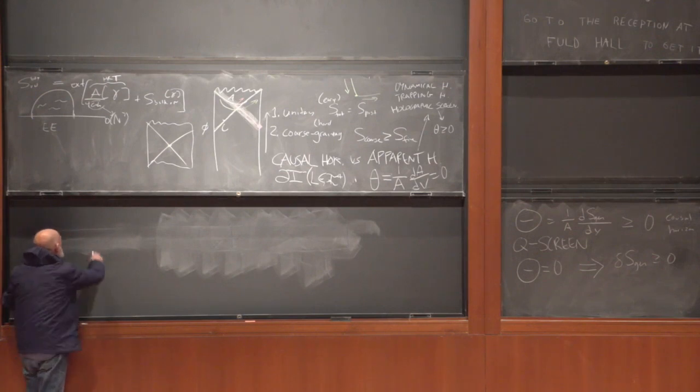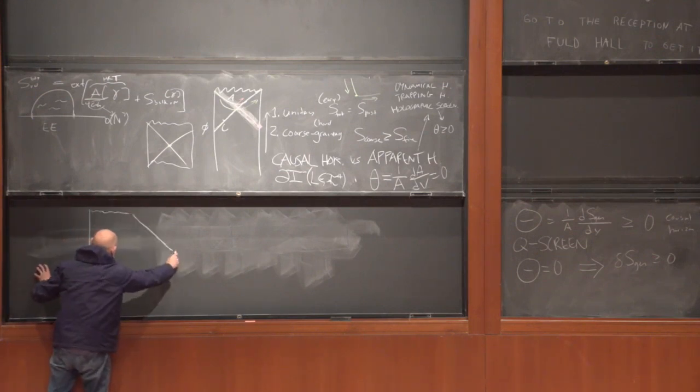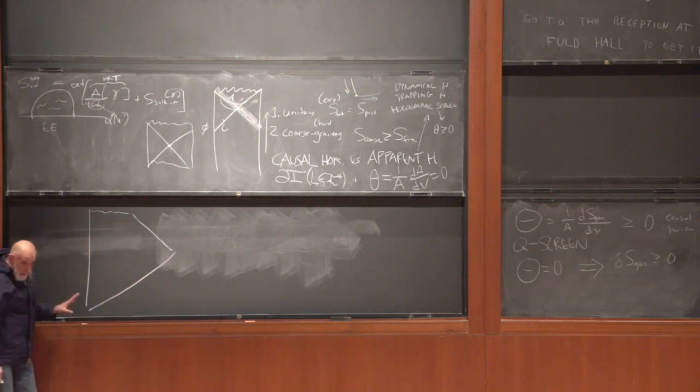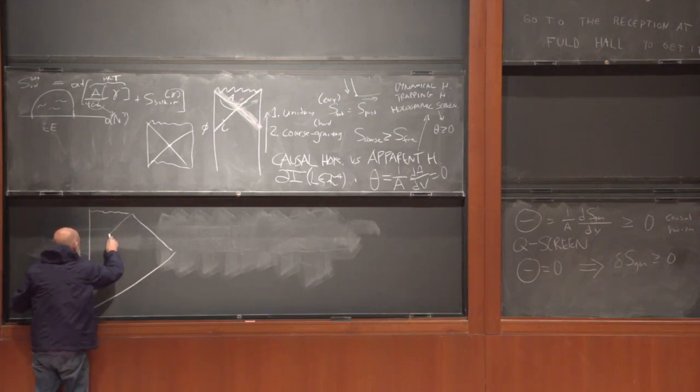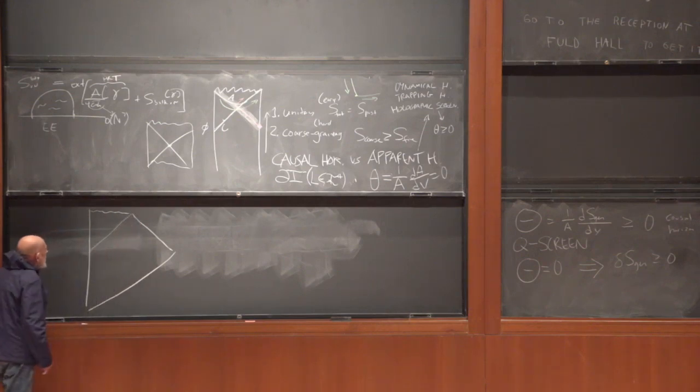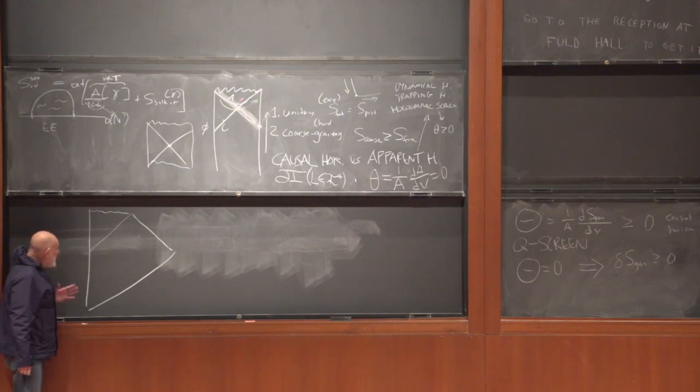Here's a picture. Now, I'm not talking about AdS black holes. I'm talking about black holes in empty, flat space. Here's the causal horizon. Now, I'm going to regulate the causal horizon in a way which we used to call making a stretched horizon. The reason will become clear in a minute.